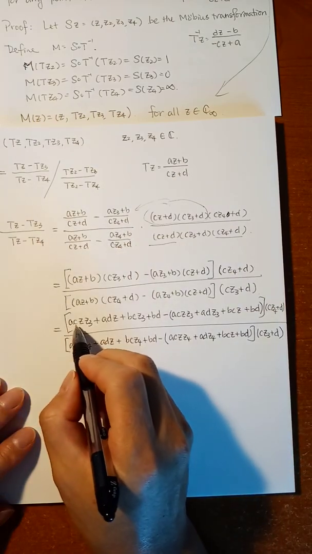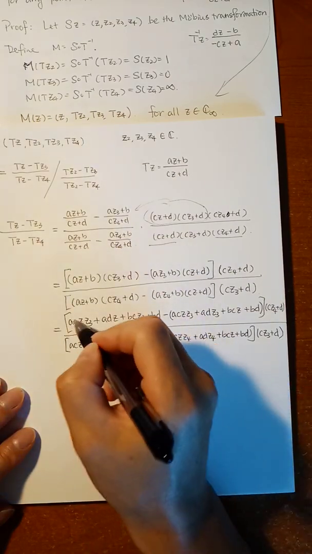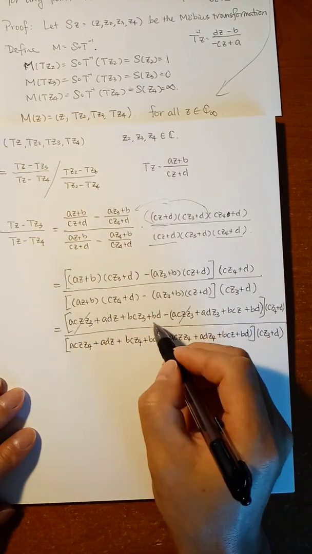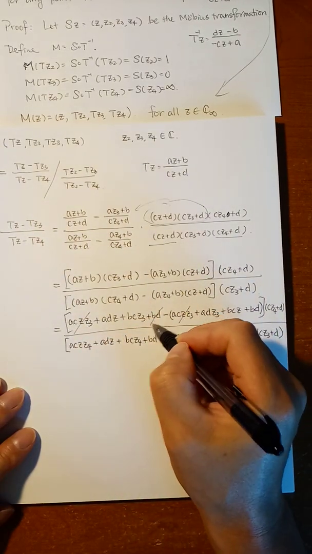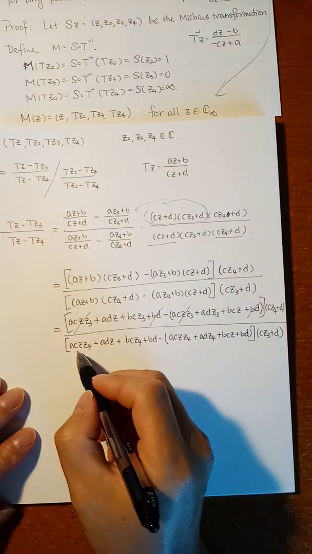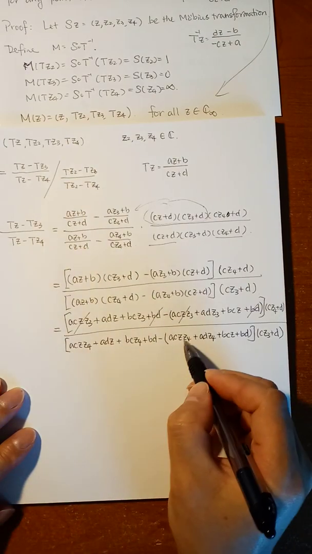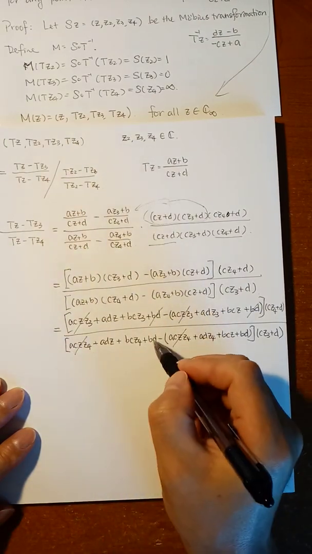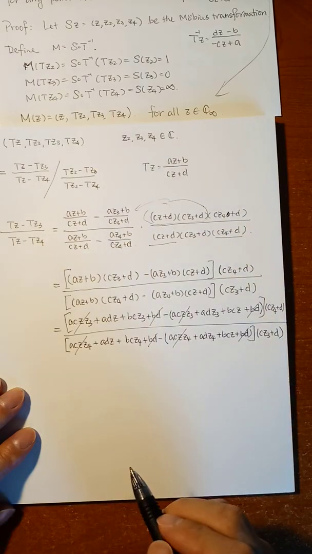So here, acz z3, they are cancelled. bd, they are cancelled. Similarly, acz z4, they are cancelled. bd are cancelled.